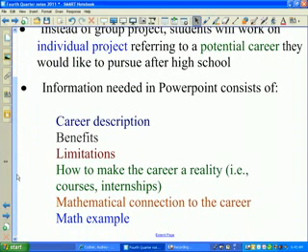Trust me, bullet points are your best friend. Just give me a brief description about the career that they're thinking about pursuing. They're also going to tell me the benefits and the limitations to that career. So the benefits could be making more money, having enough power if they want to be an entrepreneur. They can say, I can make my own hours, I can sell what I want to sell, what have you.